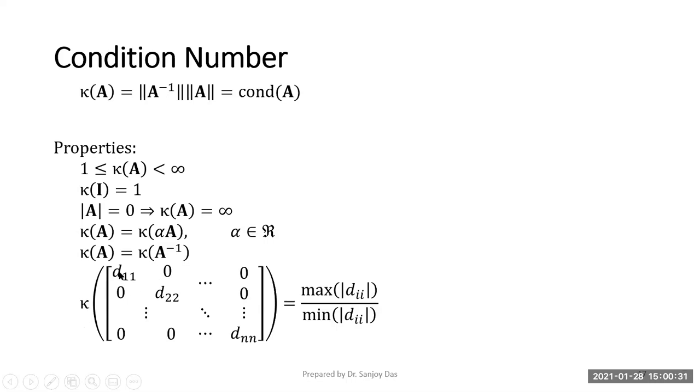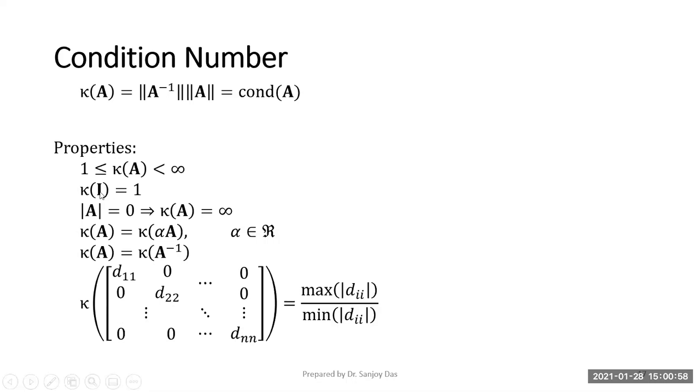For the condition number of a diagonal matrix, you find which one is the highest of the diagonal elements numerically, and which is the lowest, which has the smallest numerical value, ignoring the signs, and then that ratio, maximum over minimum, is the condition number of the diagonal matrix.